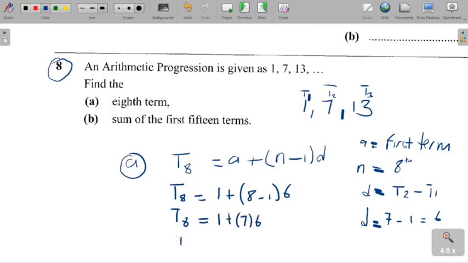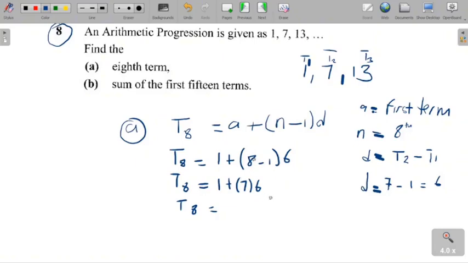So from here, 80th term is equal to, you open the bracket by multiplying 79 times 6. So I'm going to write 1 plus 79 times 6. What are you going to get?